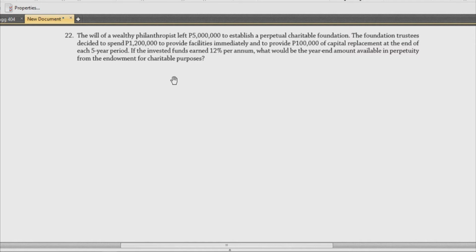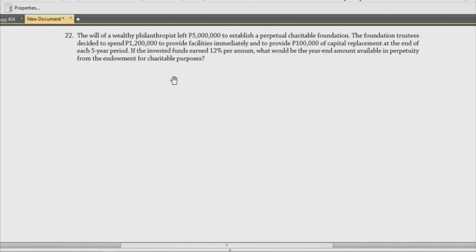So, if the invested funds earned 12% per annum, what would be the year-end amount available in perpetuity from the endowment of charitable purposes? So, sabi dito din, if the invested funds earn 12% per annum, so yung ating fund, even though ginagastos natin, nag-earn din siya in 12% rate of interest. And then, ang question is, what will be the year-end amount available?